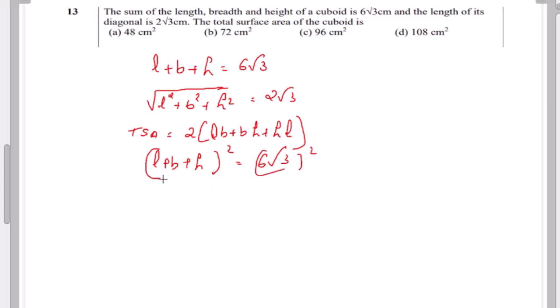What is the formula for L plus B plus H whole square? In 9th standard we learned A plus B plus C whole square, that is A square plus B square plus C square plus 2AB plus 2BC plus 2CA.